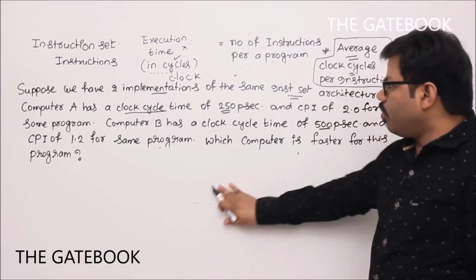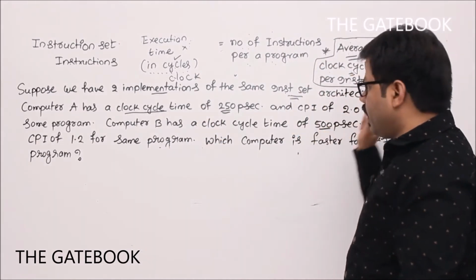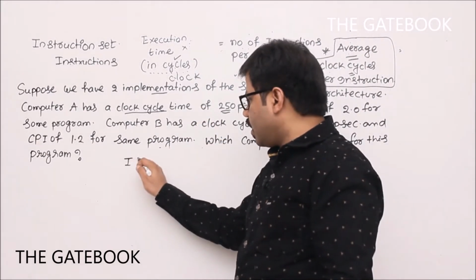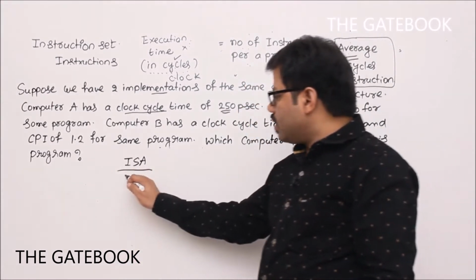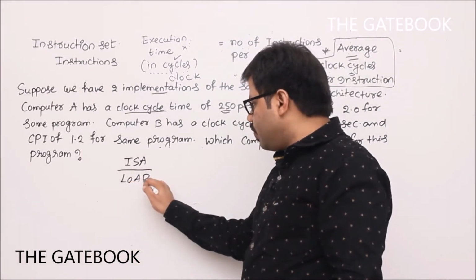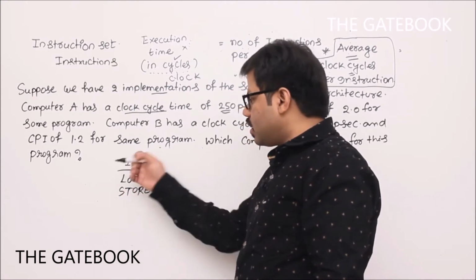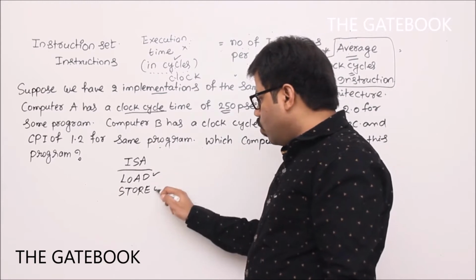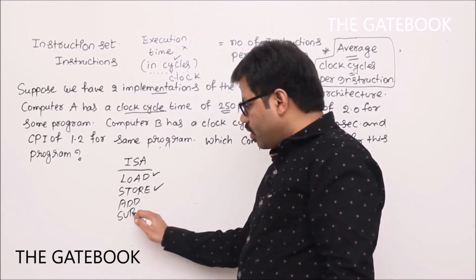Now let us see one problem related to that. Suppose we have 2 implementations of the same instruction set architecture. The instruction set architecture is fixed, so you will have load, store, add, maybe subtract, whatever.